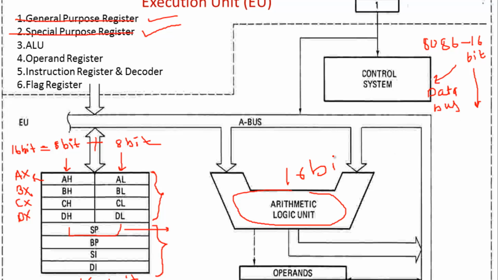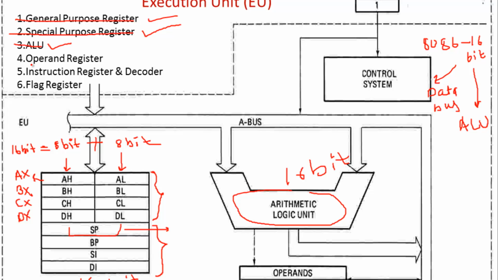And the second thing is it has a 16-bit ALU. So these are the two main reasons why 8086 is called a 16-bit MPU.